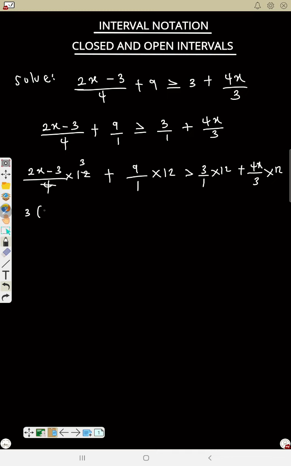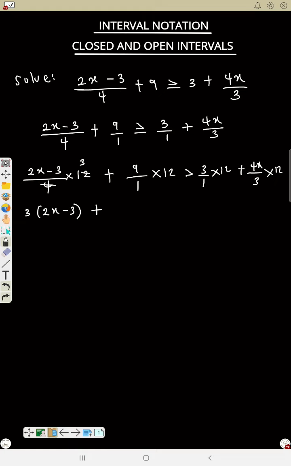So this is 3 brackets 2x minus 3 plus 9 times 12. That will be 72. Now 9 times 2, 18. That is 108.